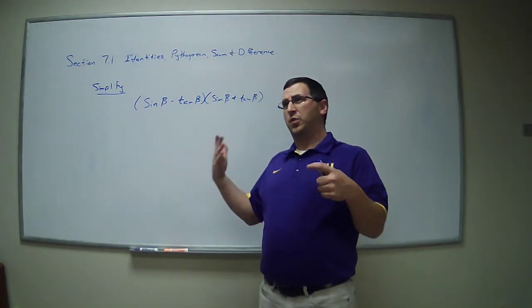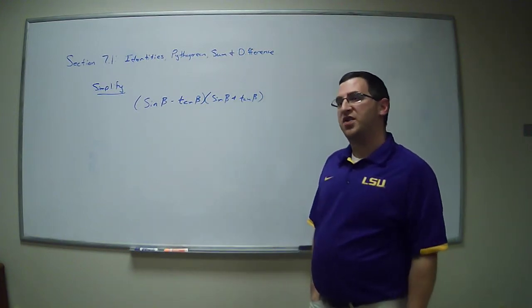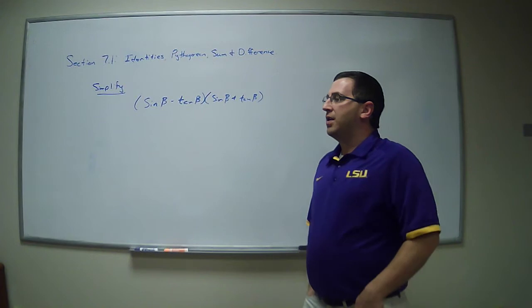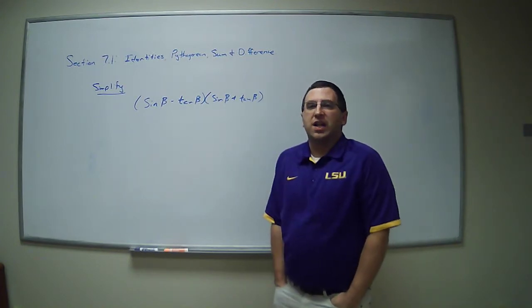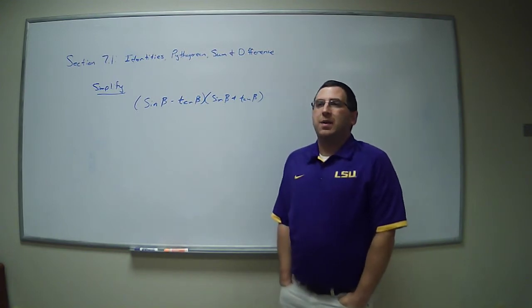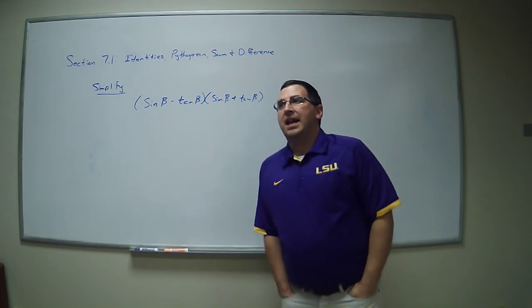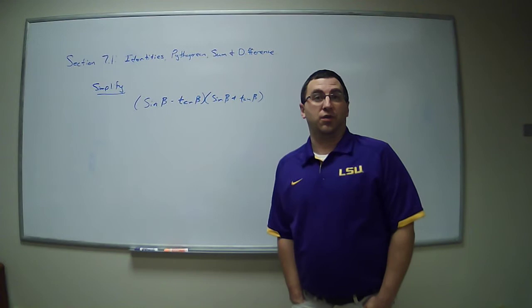So how do you know when you're done? Well, you know when you're done whenever you got it looking very pretty, it's very short, it's concise, and if you do anything else to it, it's going to make it look more complicated. Okay? Which means you're working backwards. We don't want to do that.